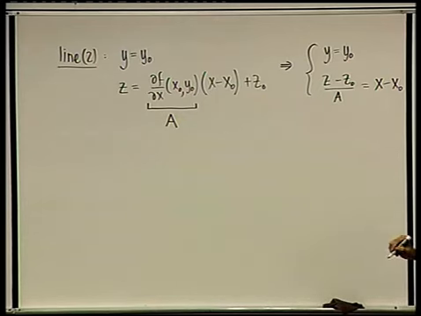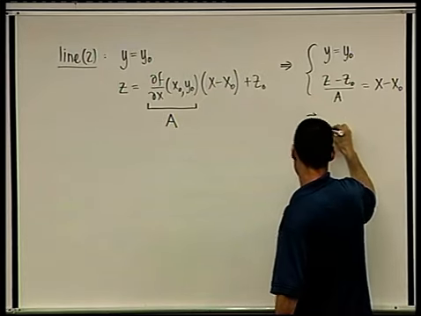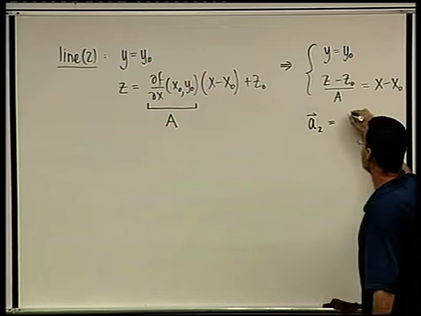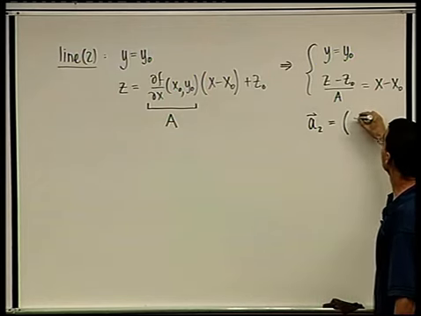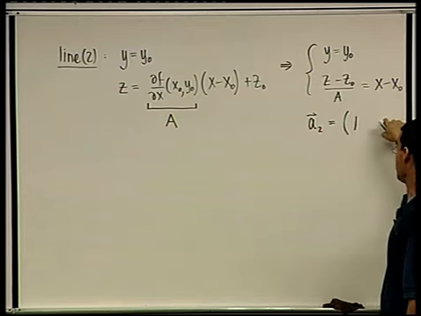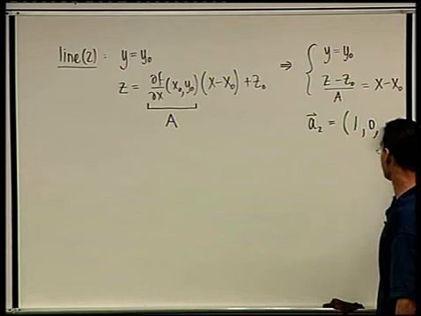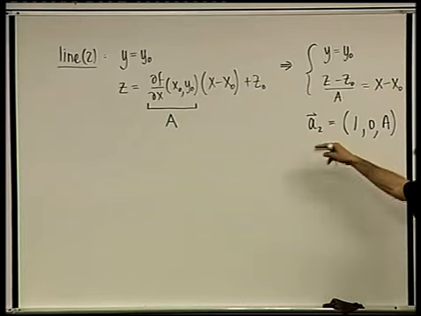That's the equation of line 2. And what's its direction vector? Let's call it a2. The direction vector is 1 for the x's, because it's divided by 1, 0 for the y's, and a. Does everybody agree?